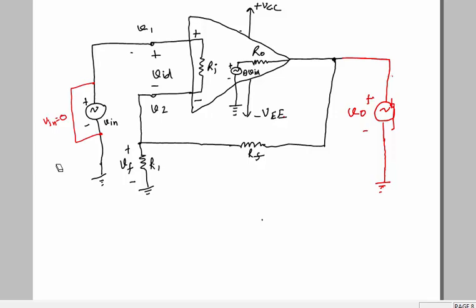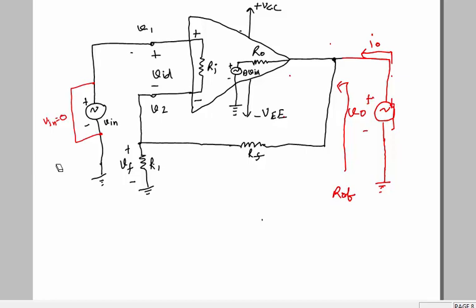This V naught will give us a current I naught, which we are going to measure, and the ratio of these will give us the output resistance with feedback.